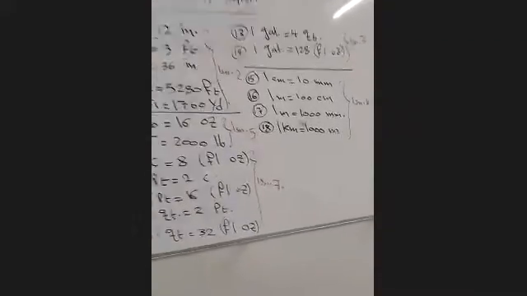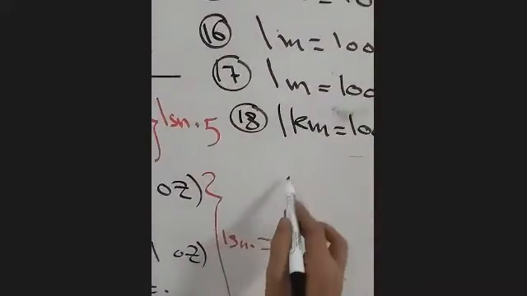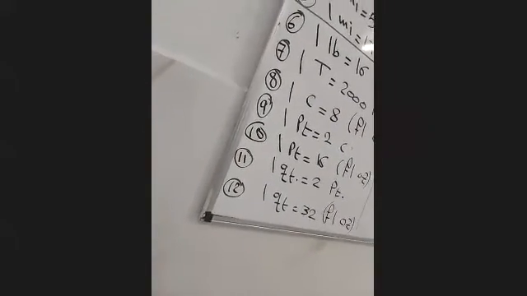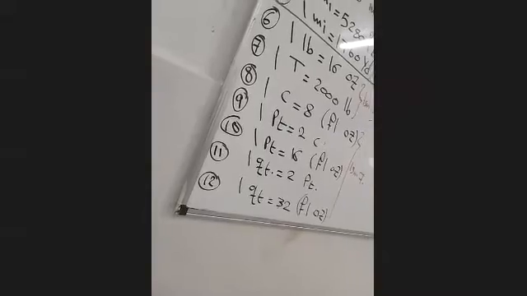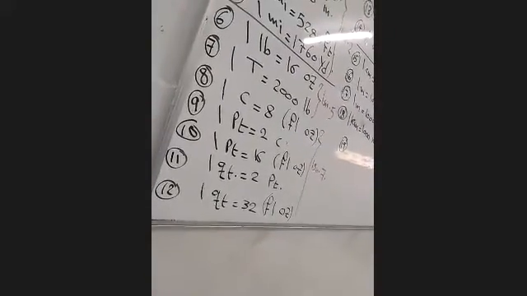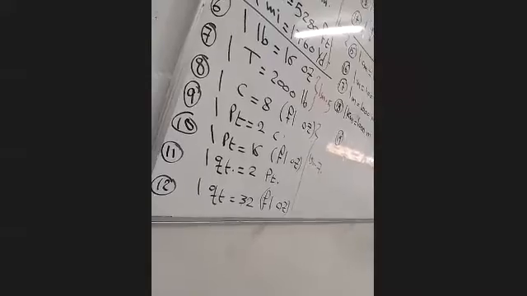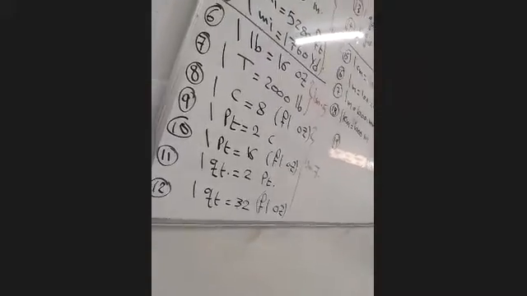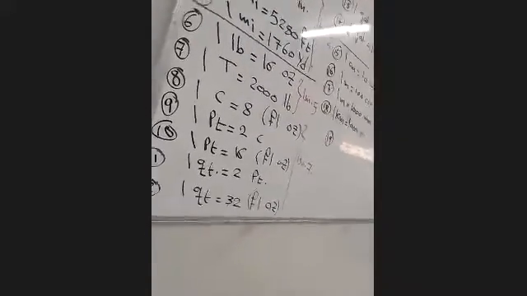Lesson 12, what do we have? Number 19. Lesson 12 is about metric units of mass: gram, milligram.